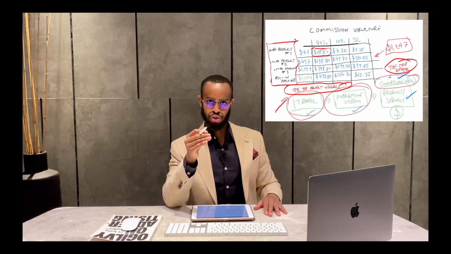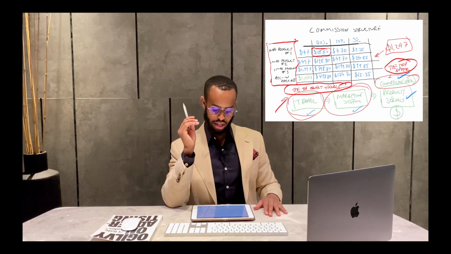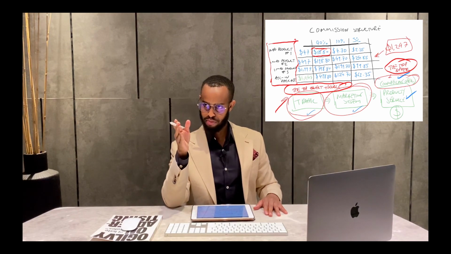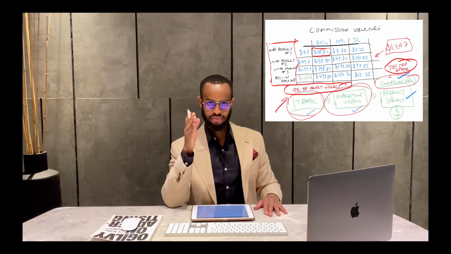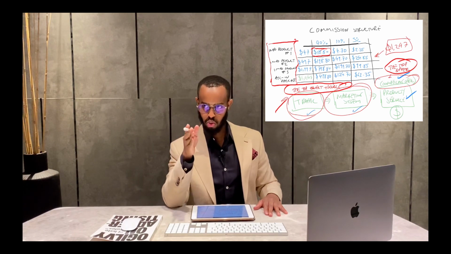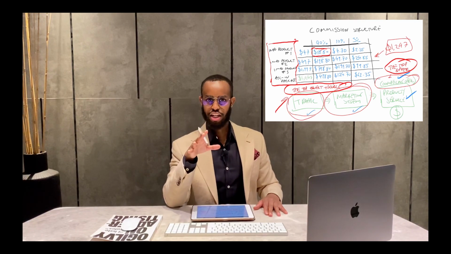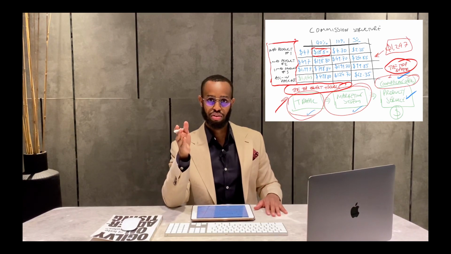So what you want to do is you want to choose where you want to be and choose what you're willing to do. Now for me, I was willing to put all my chips in, and that's because I was flat broke. I had nothing to put in to begin with.